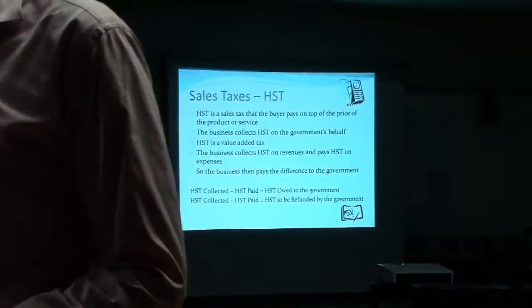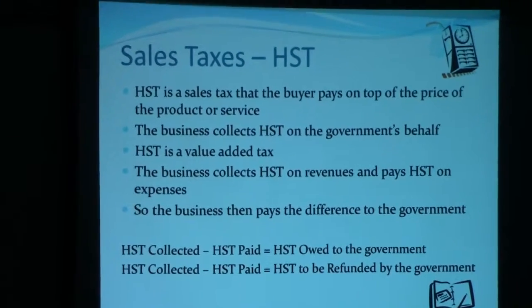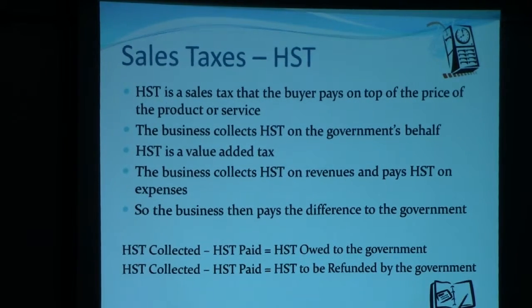I hope that makes sense, because that is the only amount that they pay as far as HST is concerned. So you can see that I have written down a couple of formulas here on this PowerPoint. HST collected minus HST paid, the difference, is HST owed to the government.